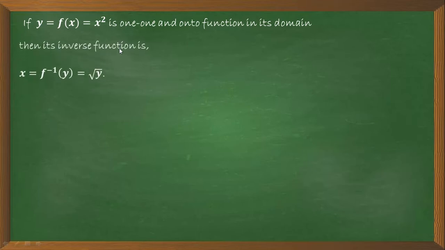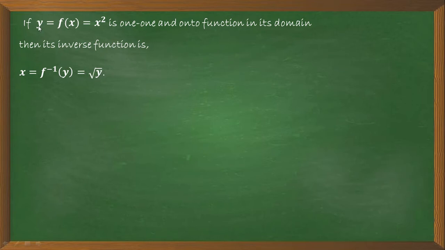Now see, how will you get the inverse? Its inverse function is x is equal to f inverse y. Here y is equal to x square is the given function. Then how will you get the inverse of it? We have to write x is equal to f inverse y, which here is root y.